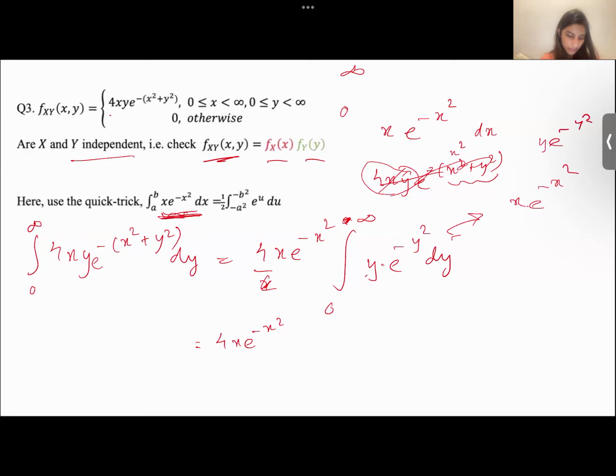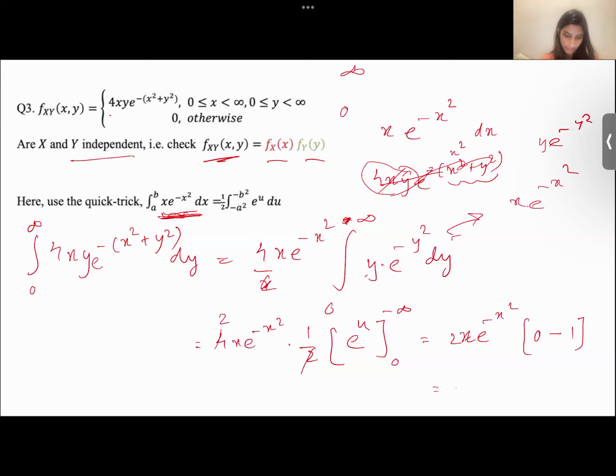So what you do is you write this as 1 by 2 e power u, minus a square to b square, so 0 to minus infinity are the limits. To cancel, you will have 2x e power minus x square. So e power minus infinity is 0 anyway. Minus of e power 0 is 1.